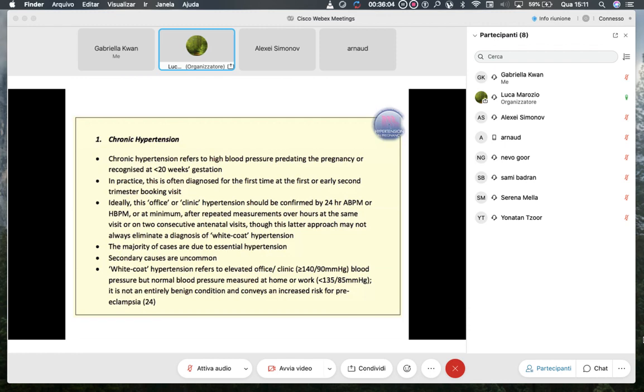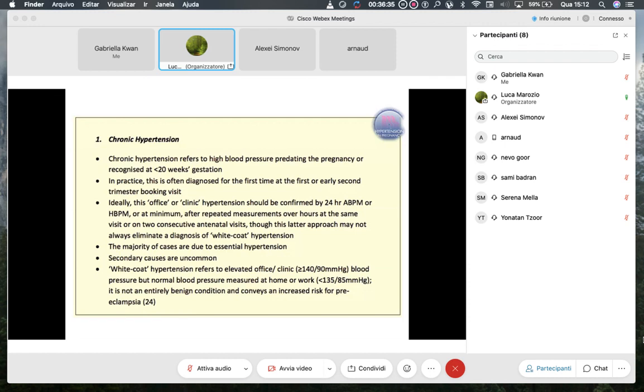Well, we have to be careful because office hypertension may be different from home hypertension. The blood pressure levels may be different when measured in hospital, in the office, by a doctor anyway, than when measured at home by the woman herself.